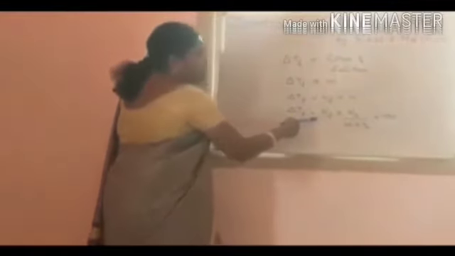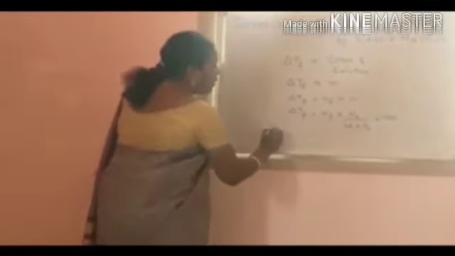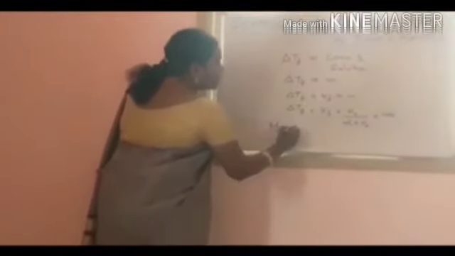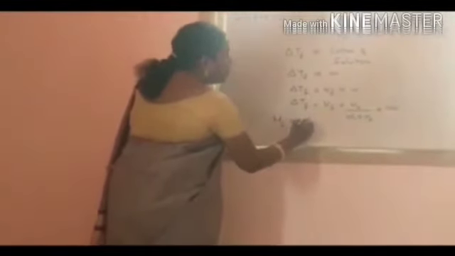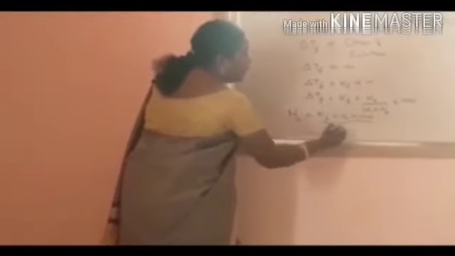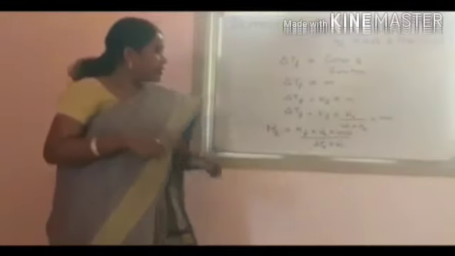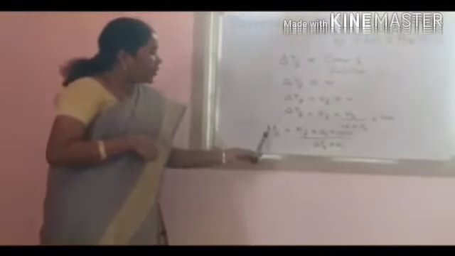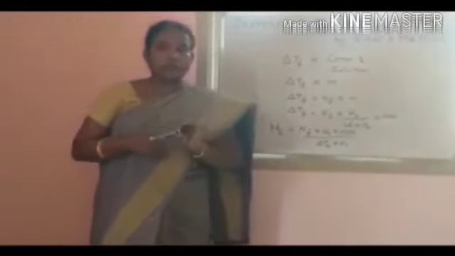From this expression, we can write M2 is equal to Kf into W2 into 1000 divided by delta Tf into W1. From this expression, we can calculate the molecular weight of the solute.